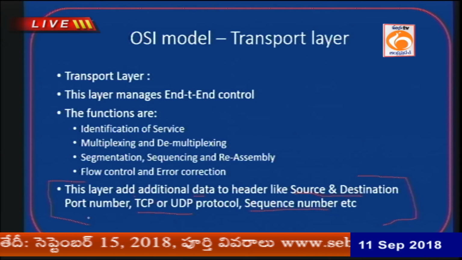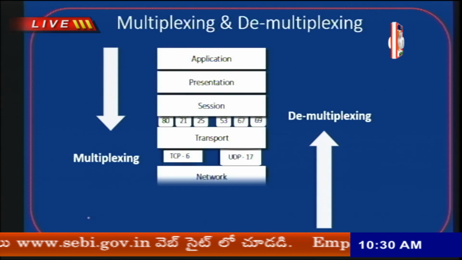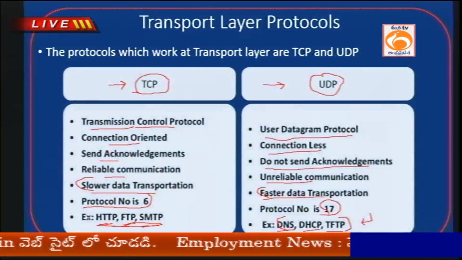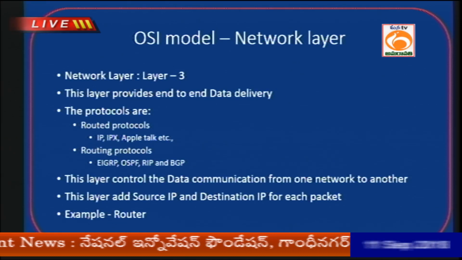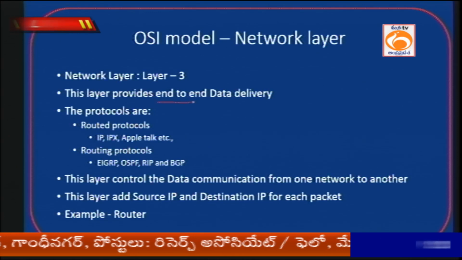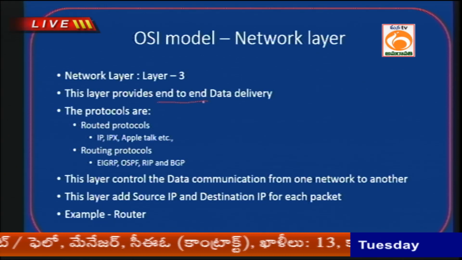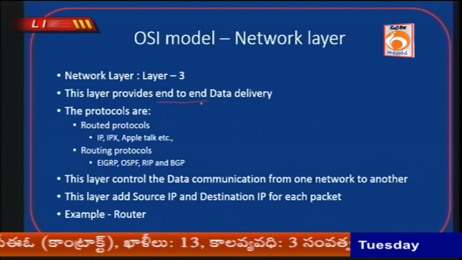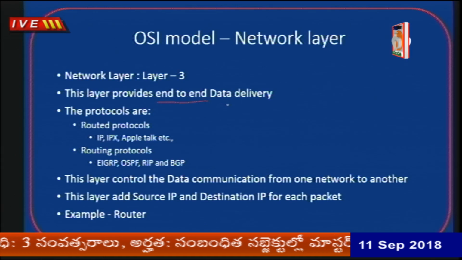And then we have the next layer, which is the network layer. The network layer provides end-to-end data delivery. Remember, the transport layer was only defining how the data should be sent, whether through TCP or through UDP, but the network layer is responsible for the data delivery.